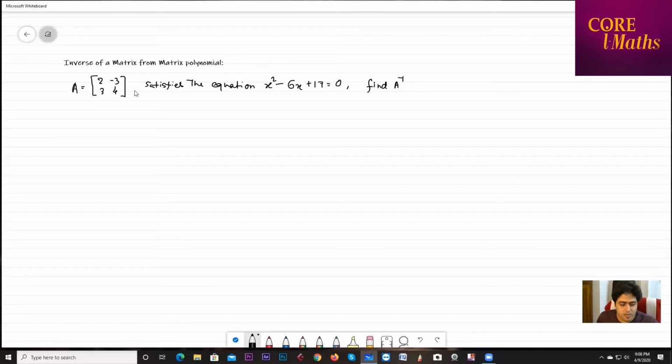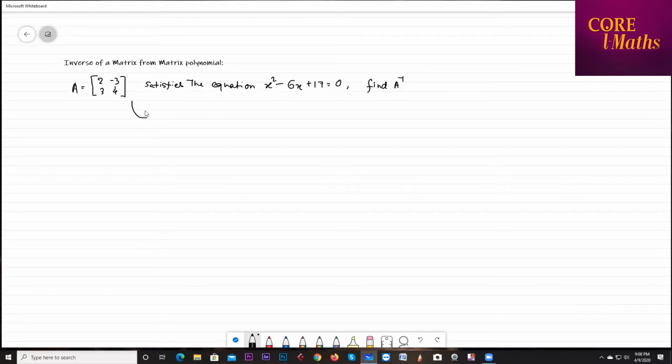Here the question is given, we can let the matrix already satisfy the polynomial. The question: A, the square matrix 2 minus 3 3 4, satisfies the equation x square minus 6x plus 17 equals 0.